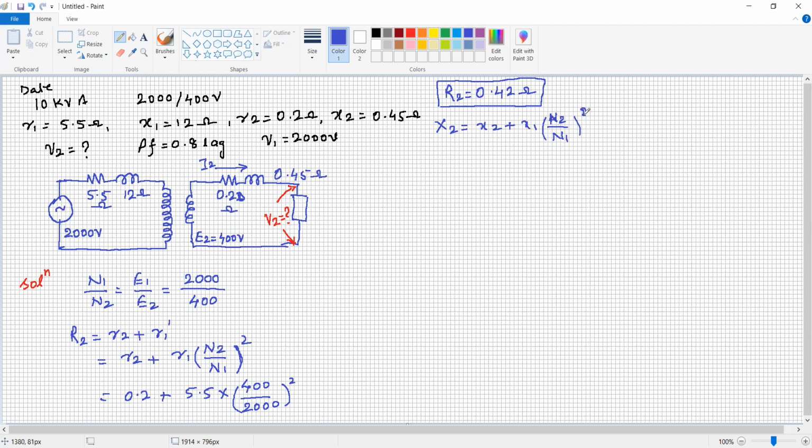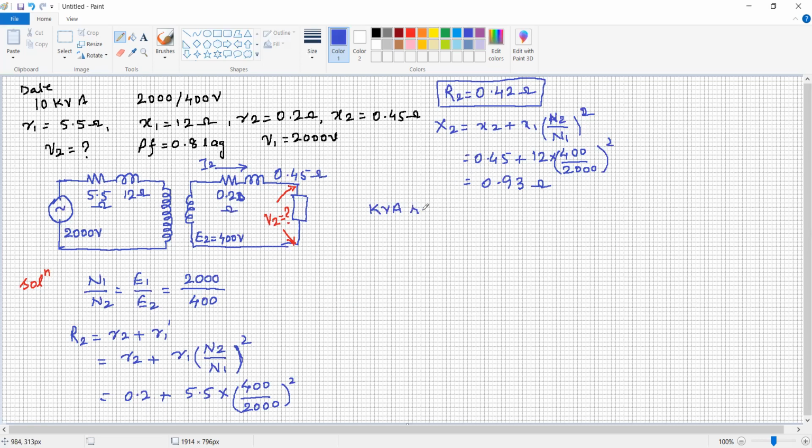Same equation: equals 0.45 plus 12 into (400 divided by 2000) bracket square. So the total value is 0.93 ohms. Okay.